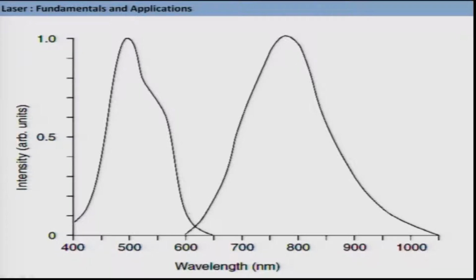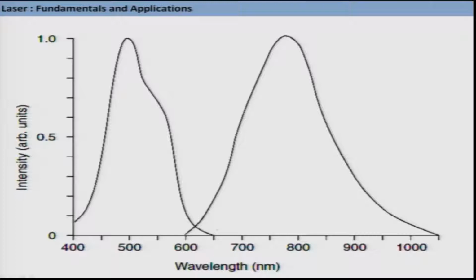Now one practical thing is that if you look at the absorption and emission curves for the sapphire system, you will see that it can actually ideally emit from here, right? But you see there is a substantial amount of absorption over this range. So this goes to 650 or a little more.